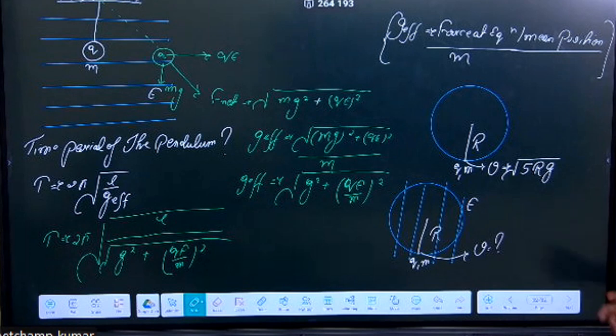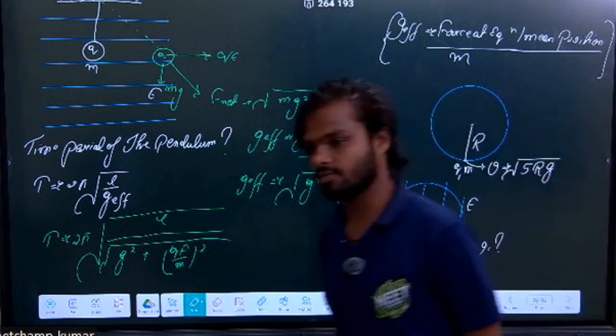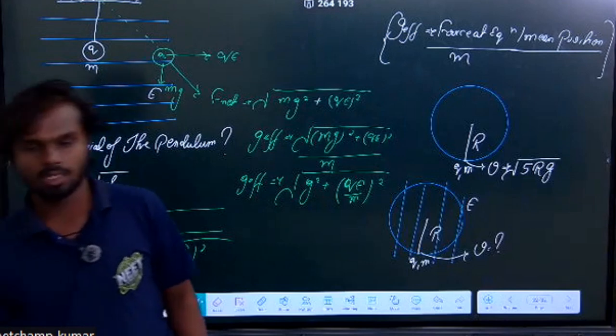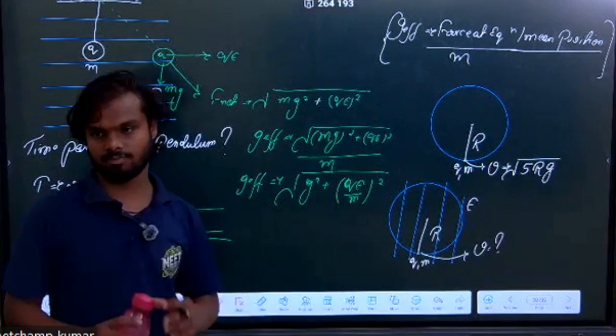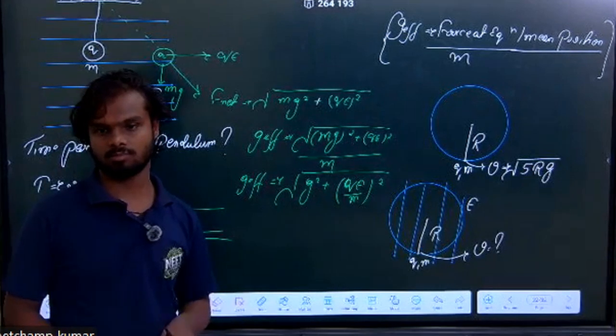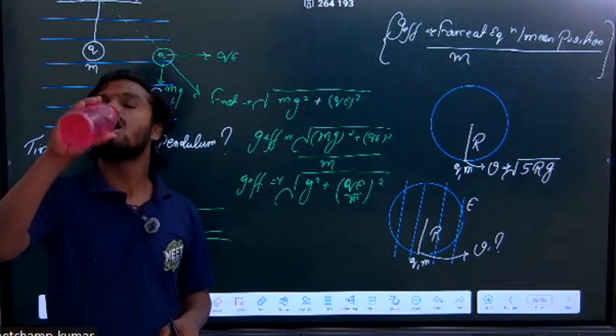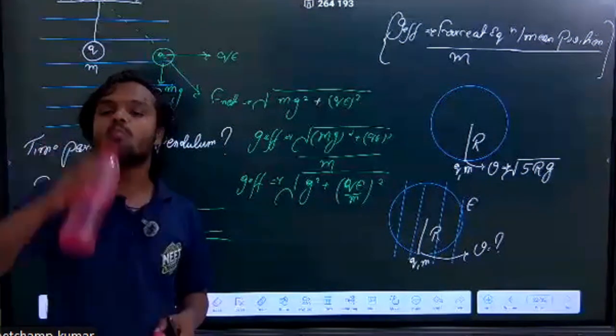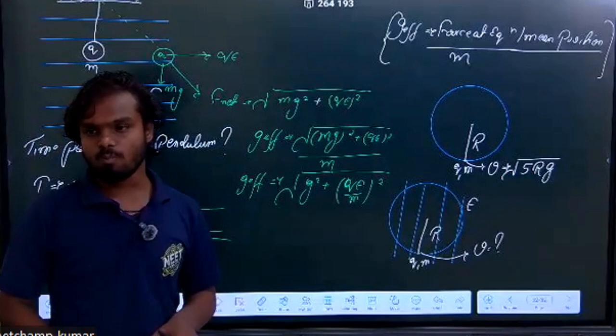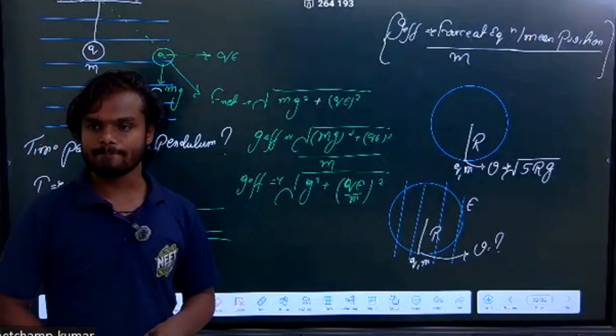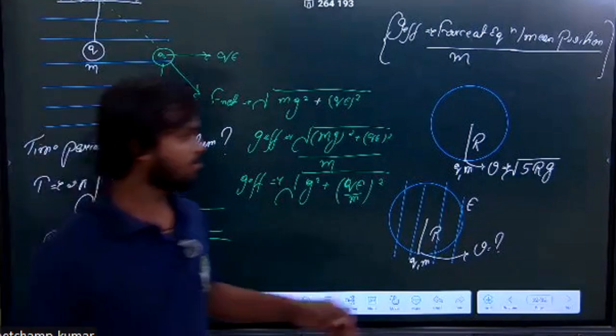What you have to do is calculate the g effective. What will be the g effective here?